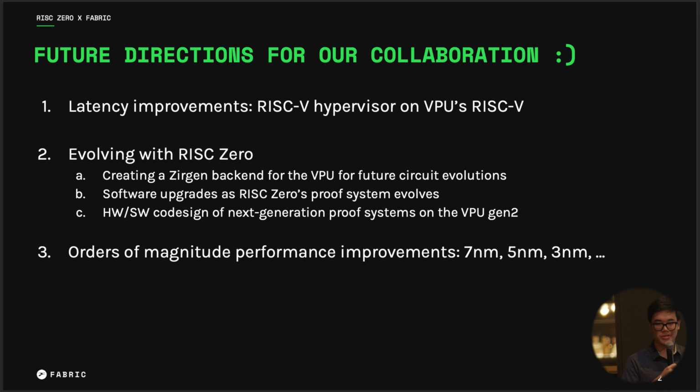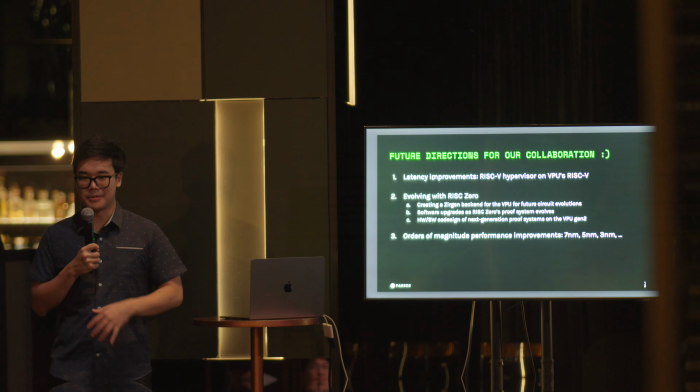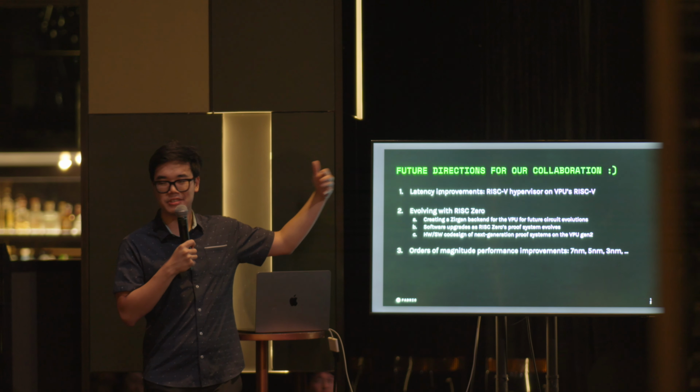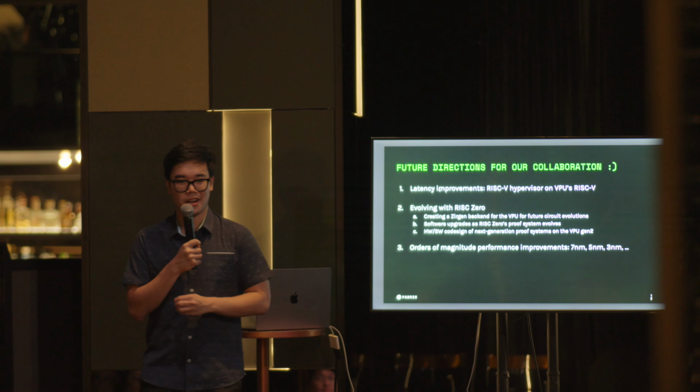Now, in terms of the future, there's a lot left to do. The great thing about the VPU is it's not a one-and-done fixed function ASIC. It can improve over time because new changes in the proof systems can be adapted to the VPU. One thing really interesting is that right now, to do witness generation, you essentially have to simulate a RISC-V instruction set on an x86 host processor.